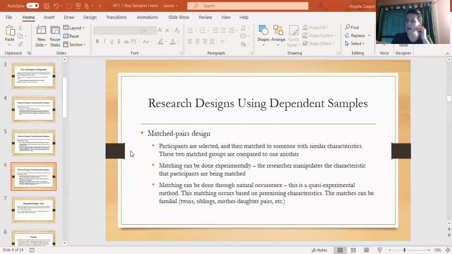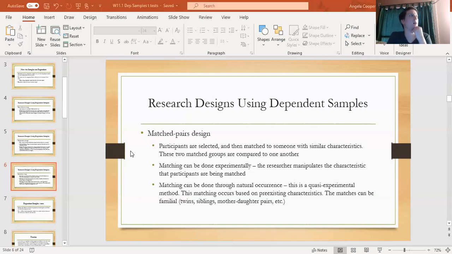Another example of research designs that use dependent samples t-tests would be a matched pairs design. So this is where participants are selected and matched with someone with similar characteristics. These characteristics can be something that the researcher determines. Maybe you're looking at mother and daughter, maybe neuroticism levels over time compared with a mother and daughter?